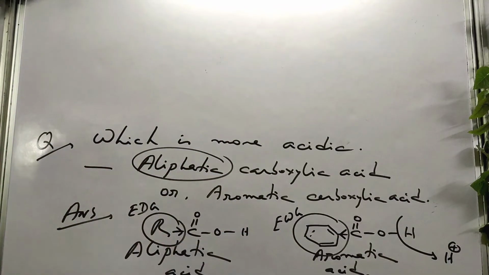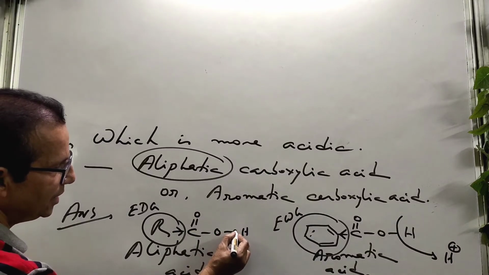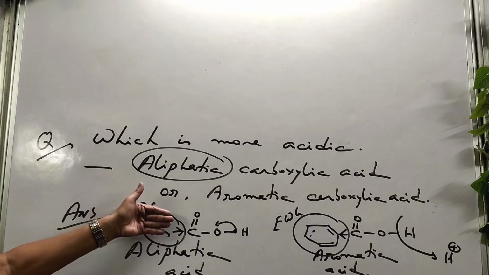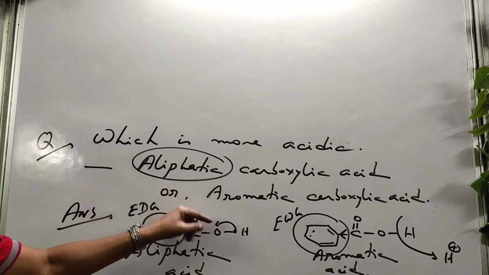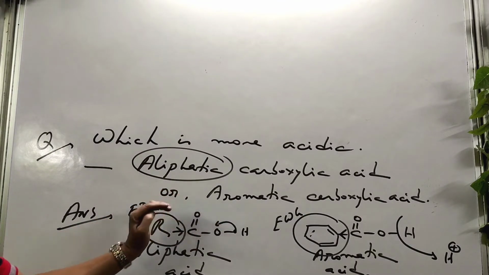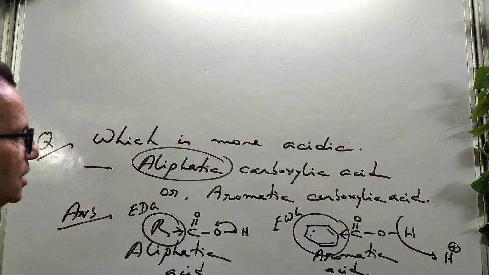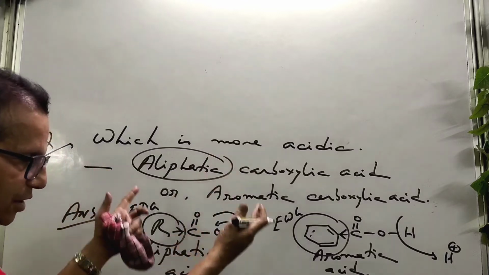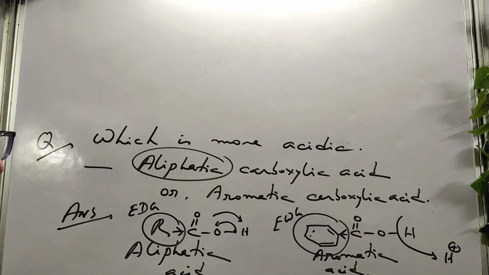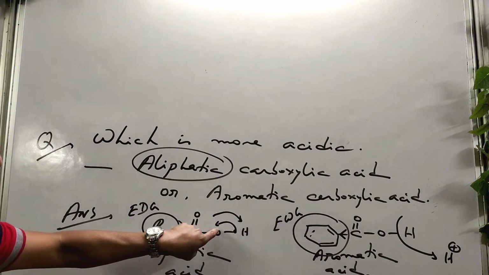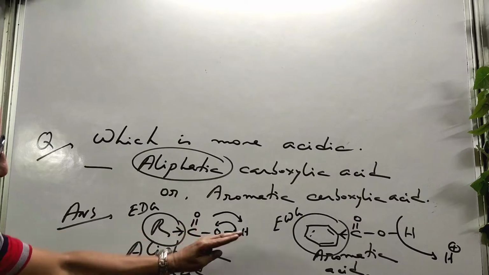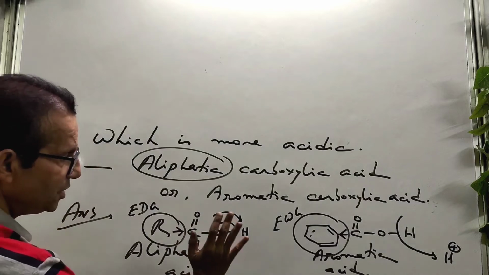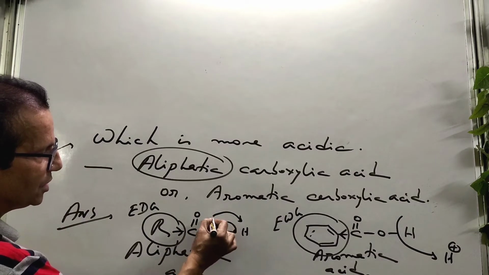But here, as oxygen has a tendency to attract electron, and here the R group also pushes electron in this way, this electron and this electron may repulse each other. That's why some extent of electron cloud goes back to hydrogen. So acidity decreases. Clear? Oxygen, due to more electronegativity, has a tendency to attract electron from hydrogen. Imagine one electron cloud is there.